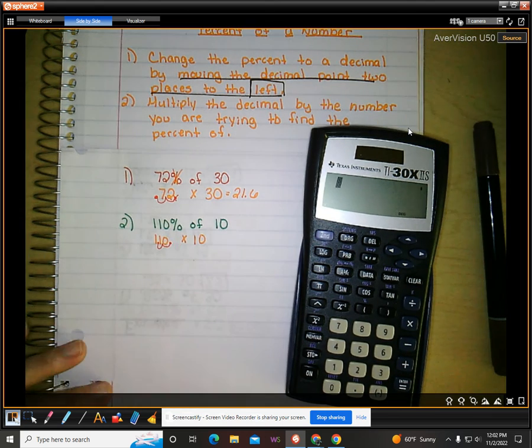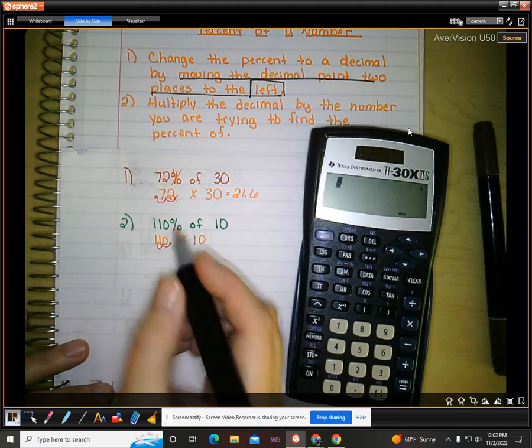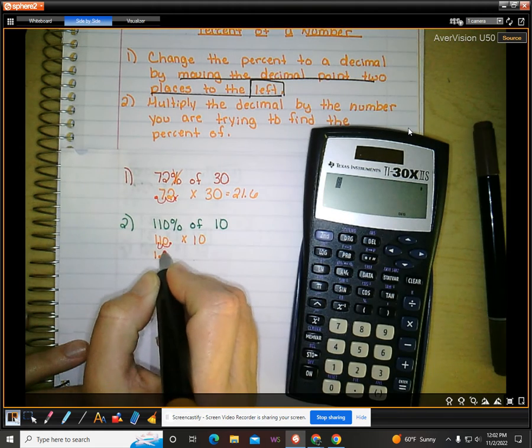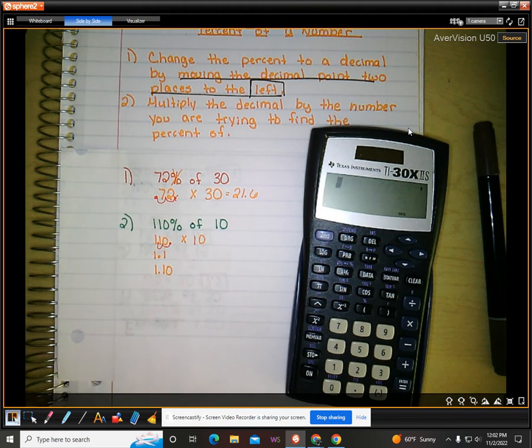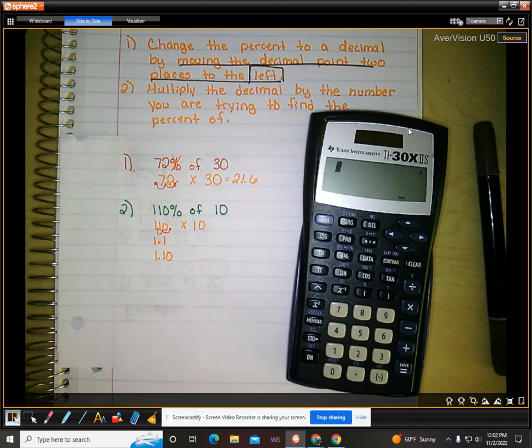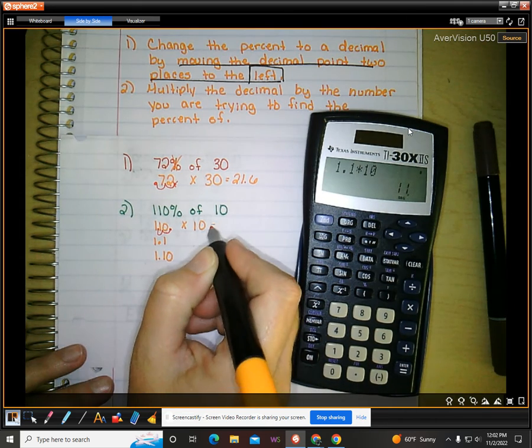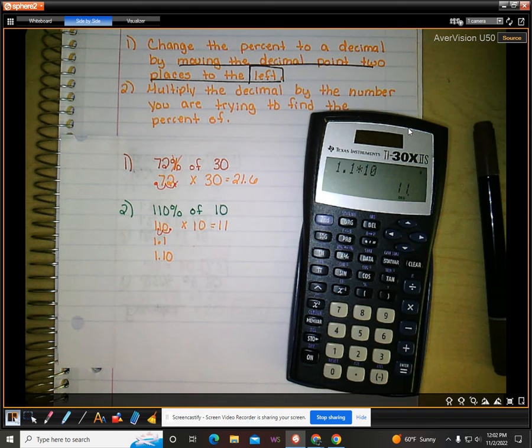Now, when you're multiplying and typing into a calculator, you could use 1.1 or you could use 1.10. The answer will still be the same. So I'll do it both ways. If I do 1.1 times my 10, I get 11, more than 10, like we said we should.